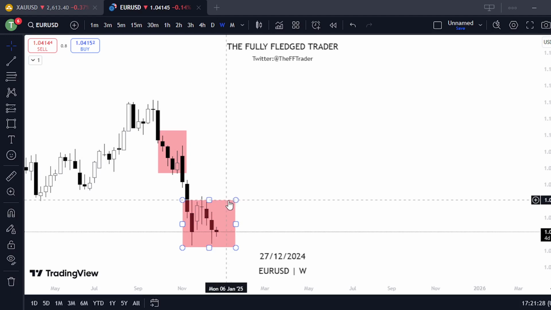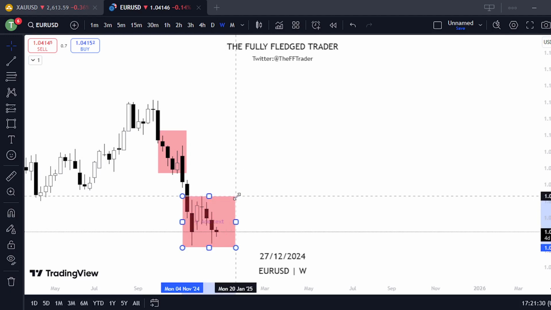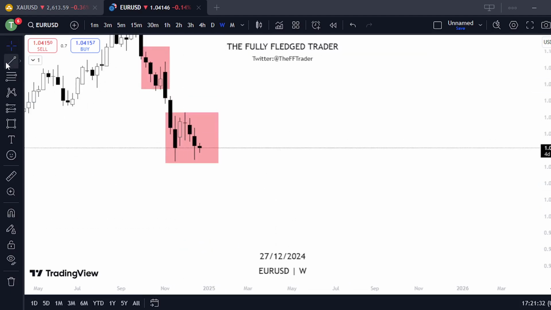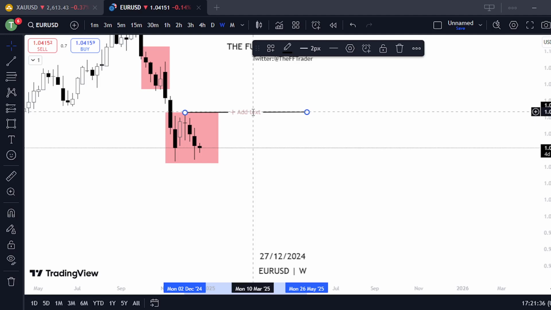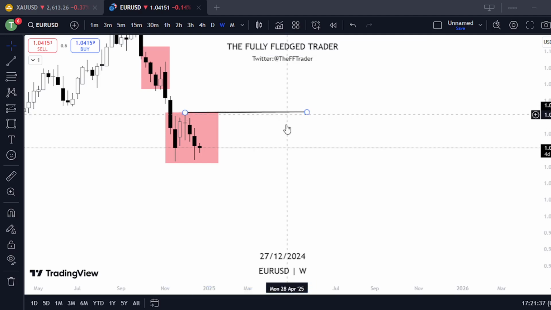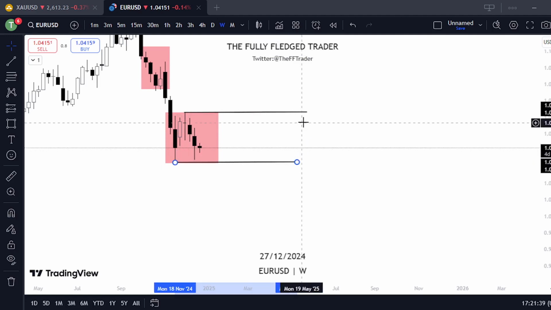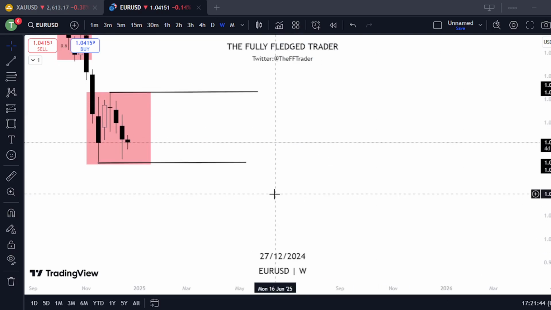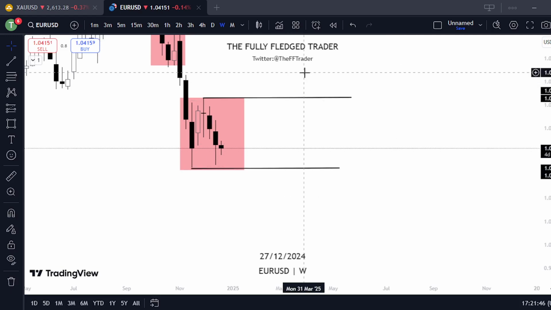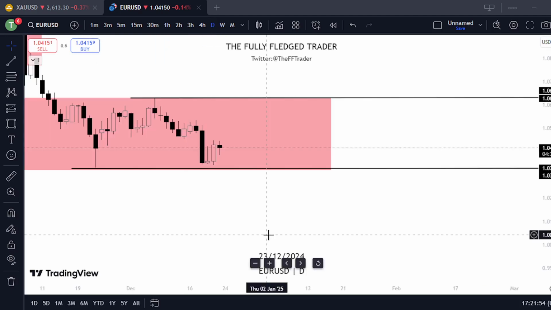And now my area of focus comes to this range here. So that's level 2, and I should be looking for sell setups. I'm going to switch to the daily chart and see how price action is presenting itself as I hunt for the sell setups.